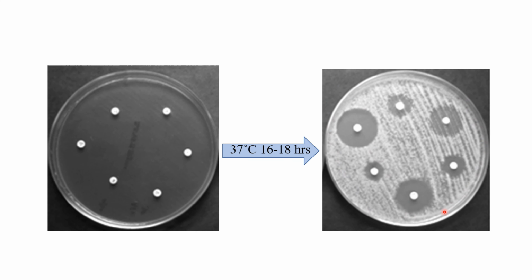Here you can see some clear area or zone around the disk. This clear area means bacterial growth is not seen in this area, and in all the other areas the bacterial growth can be seen.